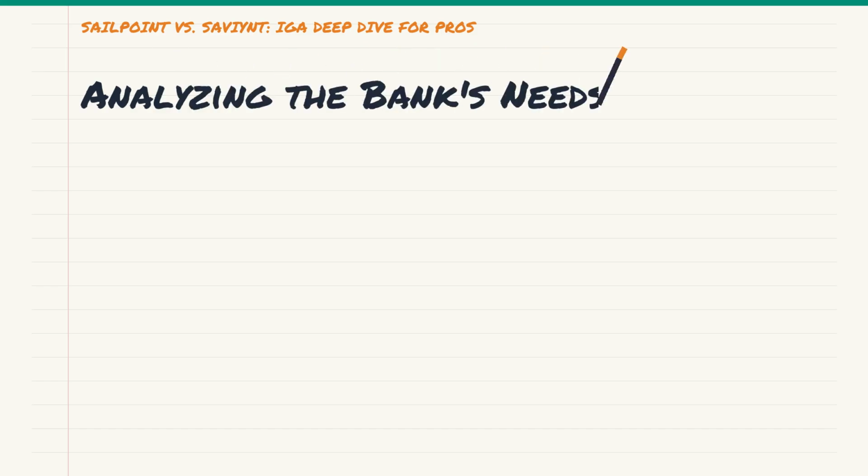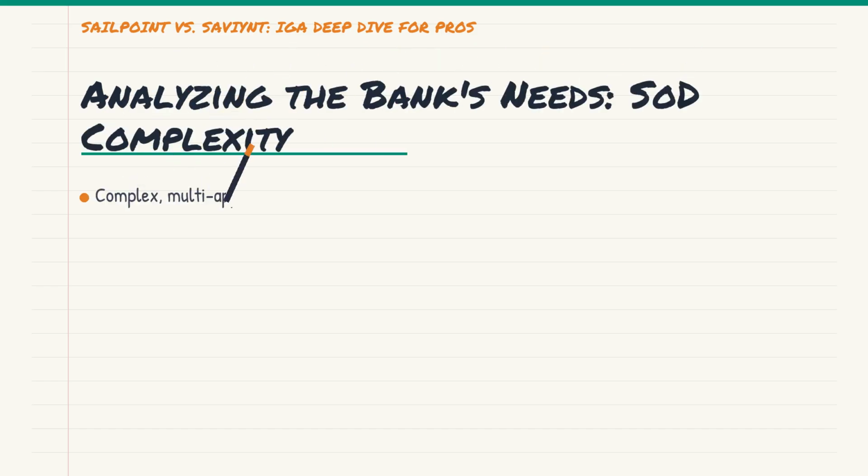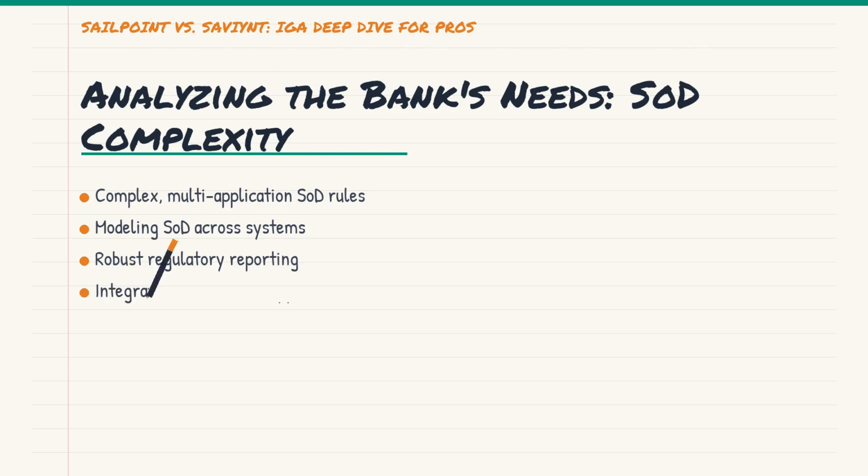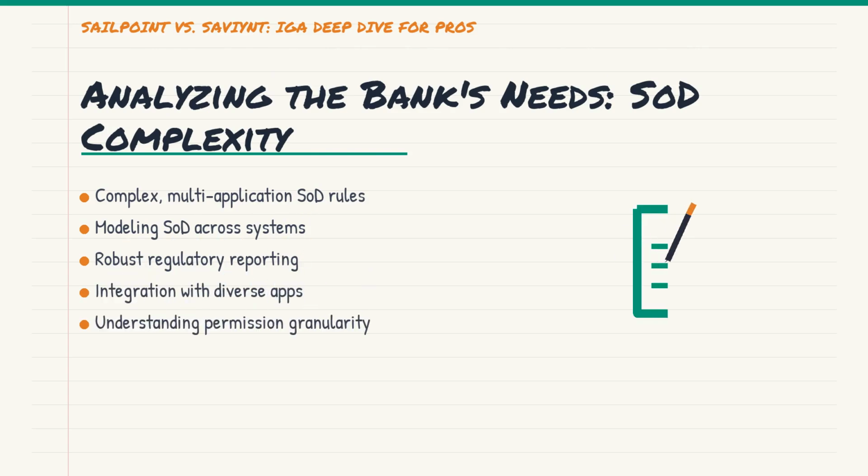For this bank, SOD is paramount. They need a tool that can model complex, multi-application SOD rules. For instance, a rule might state that an individual cannot initiate a payment in the treasury system and approve that same payment in the general ledger system. This requires the IGA tool to understand permissions across disparate applications.